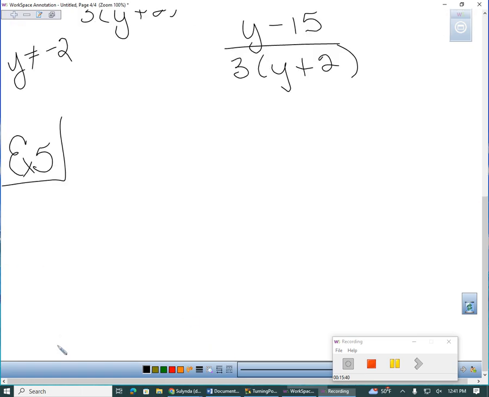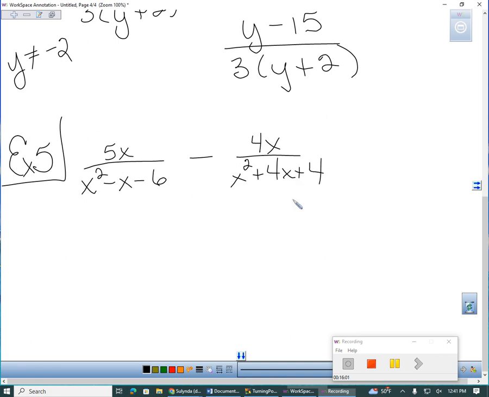All right. Let's go with 5x over x squared minus x minus 6, minus 4x over x squared plus 4x plus 4. All right, what do we have to do first? Factor. So this one, I'm going to go ahead and draw my x, negative 6 on top, negative 1 on the bottom, would be negative 3 and 2.